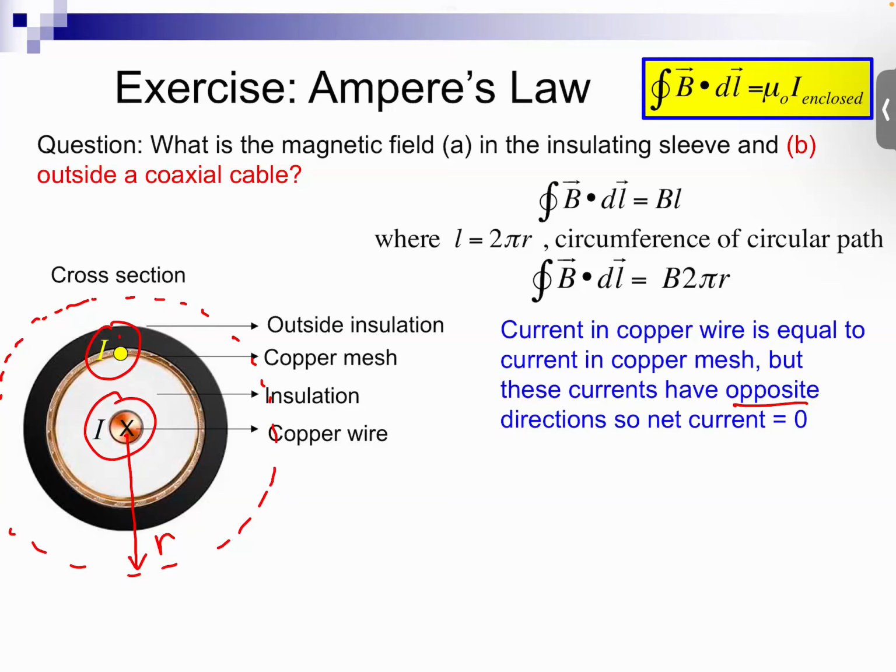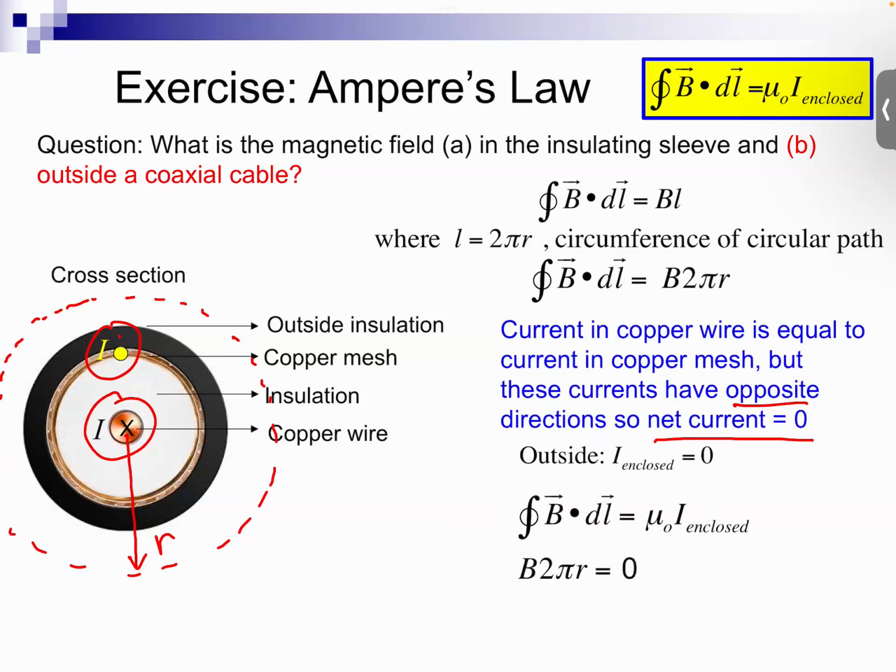So overall, the net current inside your integration path is 0. So the current enclosed by the path outside the coaxial cable is 0. So naturally, the right-hand side of Ampere's law is 0, which tells us that the magnetic field outside the coaxial cable is 0.